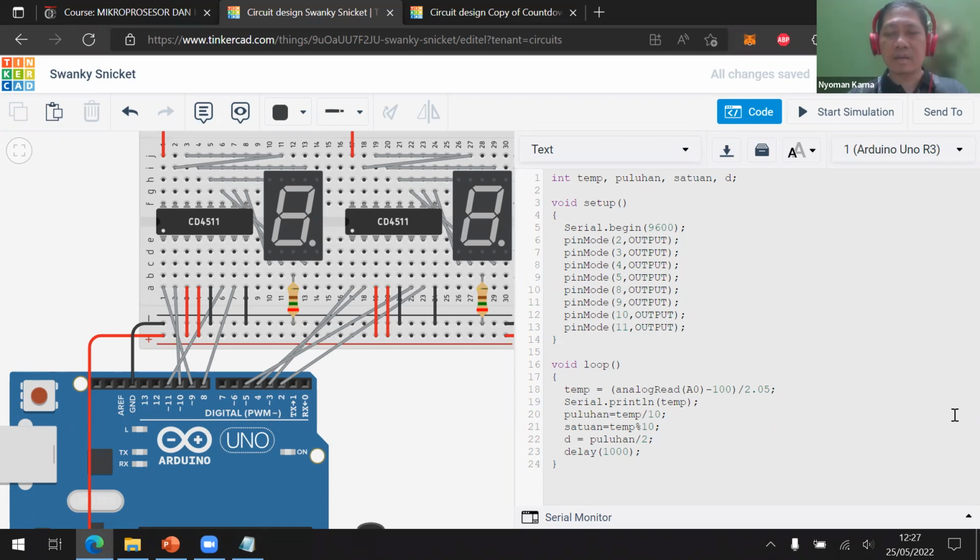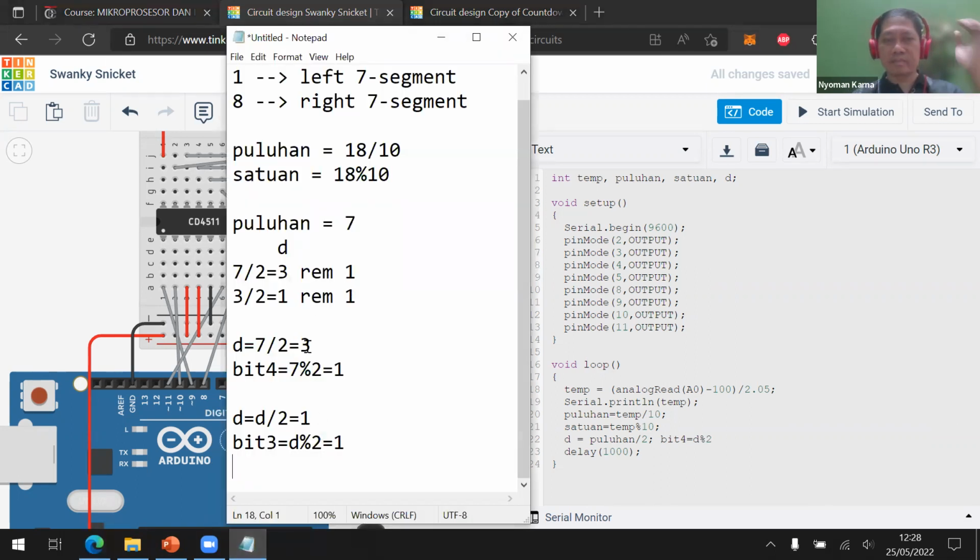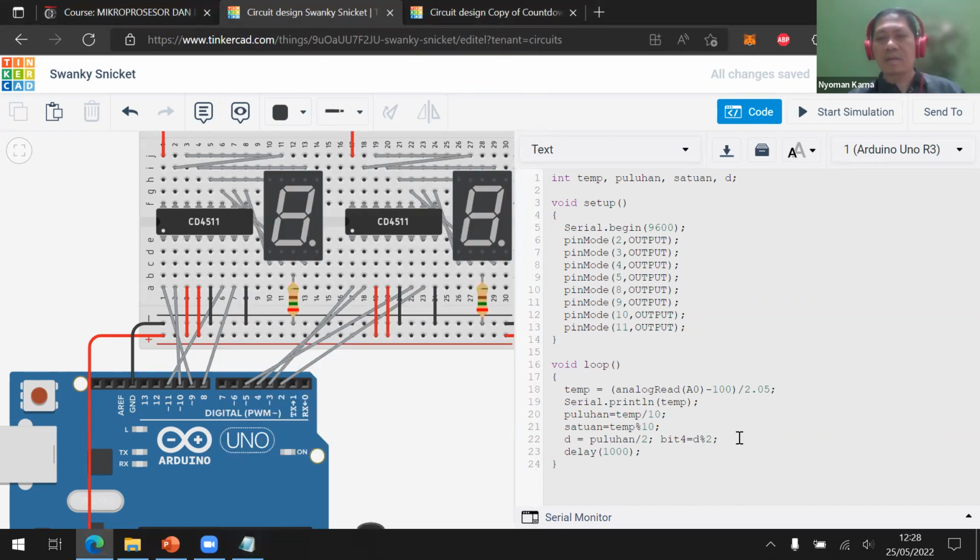And then we're going to send the remainder, let's say bit 4 is D modulo 2. Like this. D modulo 2. And then D is D divided by 2.